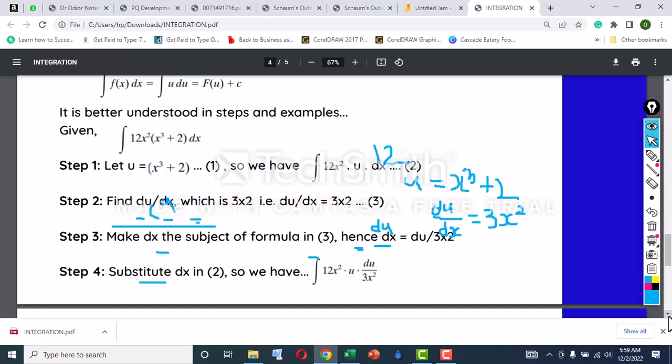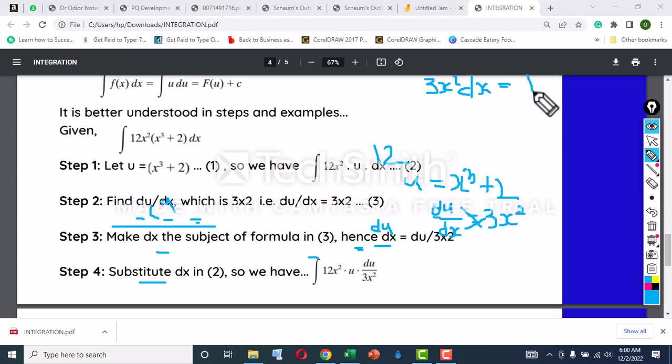Step 3, make dx the subject of formula in this particular du dx. You want to make this dx the subject of formula, so it simply means you cross multiply. So you are now going to have 3x square times dx is equals to du.